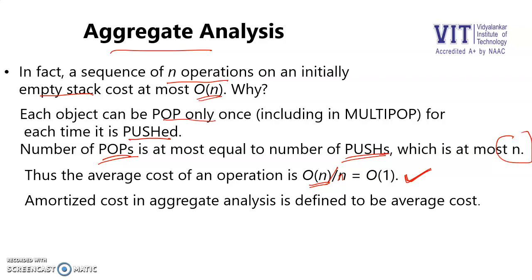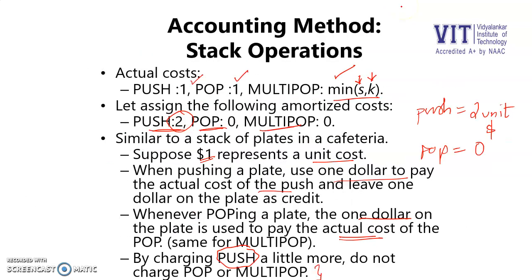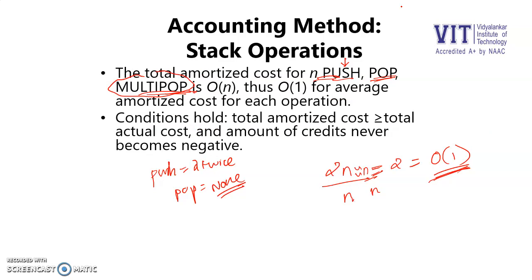If a particular operation is expensive, it is getting divided across n such operations. And even here we are supposed to perform push, pop and multi-pop. To average out the cost, I'm charging double for push and not charging for pop. So these are two methods using which we can perform amortized analysis. One is aggregate, another is the accounting method.